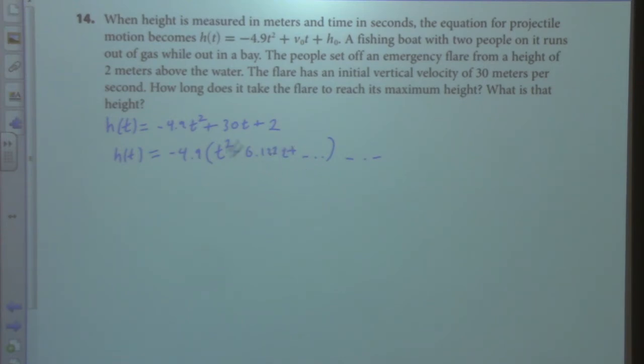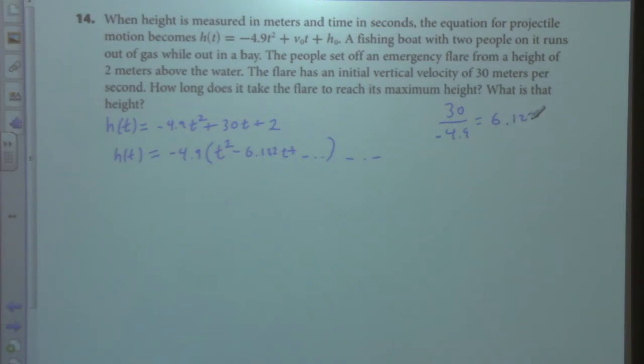How did you get that? Well, you have to divide 30 by negative 4.9. So let's take 30 divided by negative 4.9. What do we get for that? It's like 6.1228.